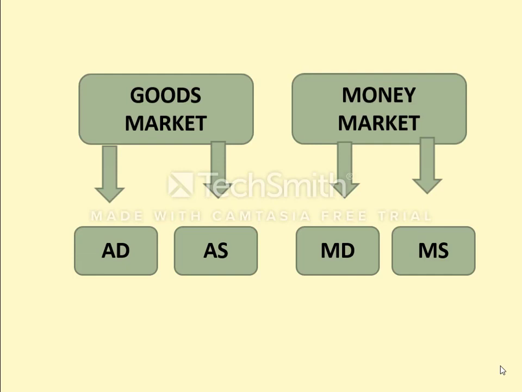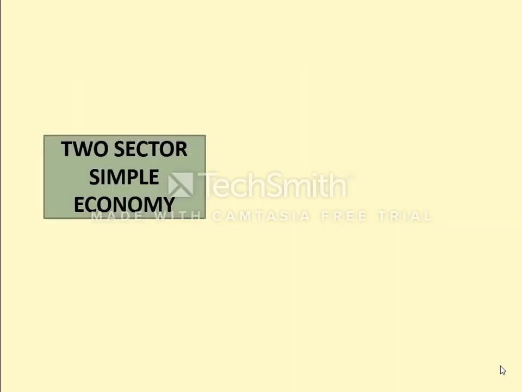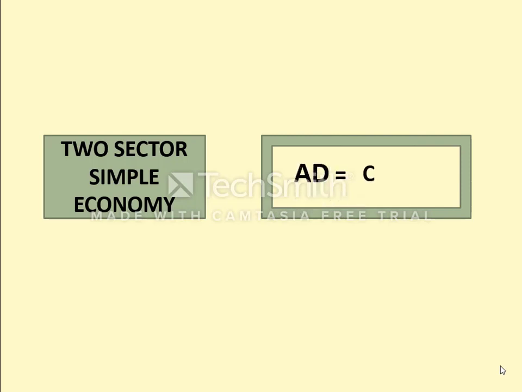Let us now understand the goods market variables, aggregate demand and aggregate supply, in detail to understand the goods market equilibrium. Let us assume that we have a simple economy with two sectors, that is household and firm. So the aggregate demand made by these two agents includes C plus I, where C refers to demand for consumption goods and I refers to demand for investment goods.